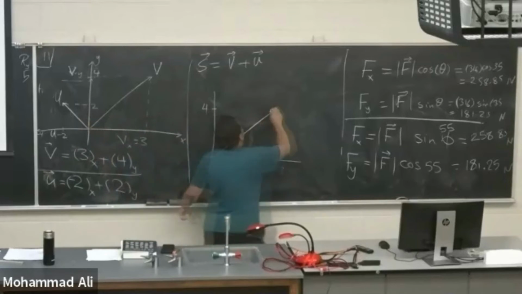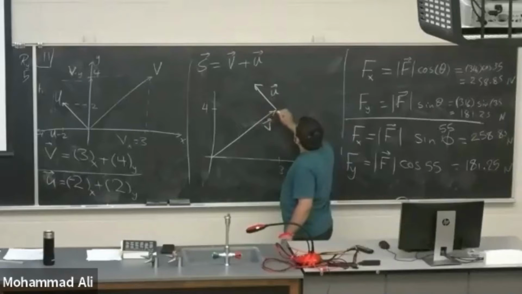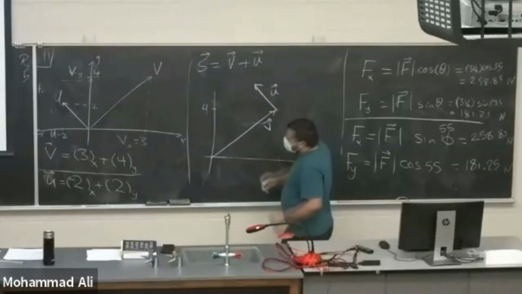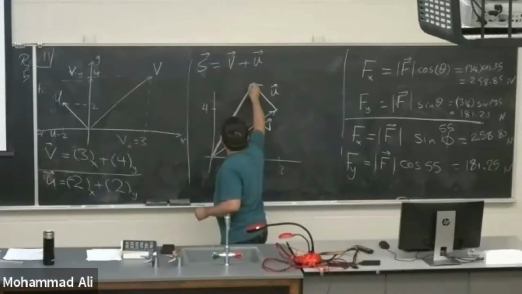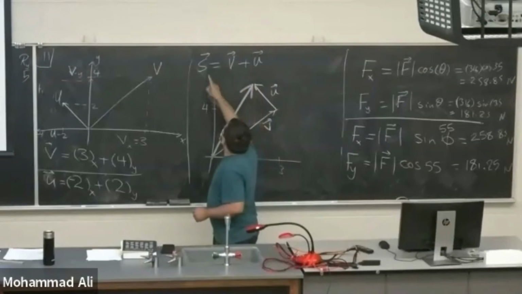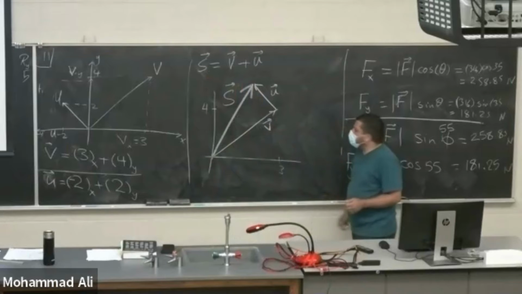Then I walk by U. This is V, this is U. From here to here, my resultant vector is this. The name of it is S. Find S. Okay, tell me.